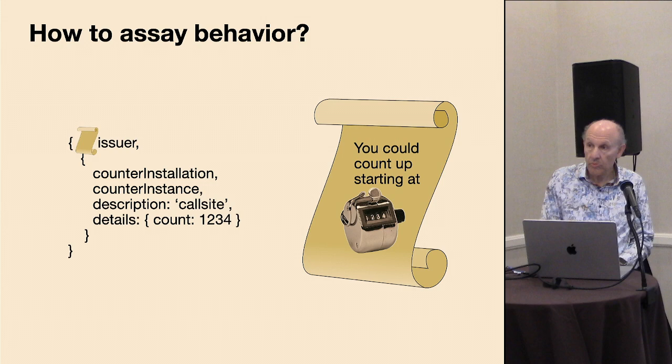So actually a fifth field here that should have been in the assay behavior is that the description has to have adequate information about the governance arrangement around upgrade, so that somebody looking at the invitation, deciding, can I trust this counter to continue to operate as I think it will? Let's say only counting up.